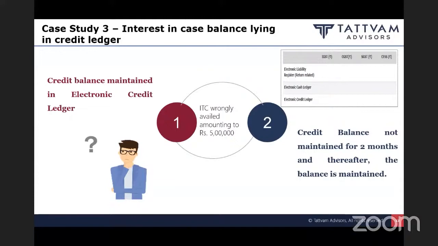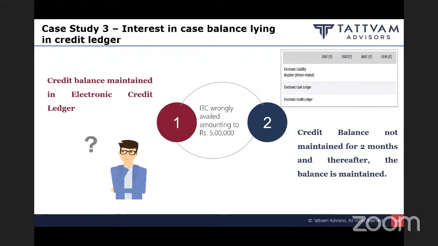But what if my balance goes below 5 lakhs in certain months? Say I took this wrong credit in the month of April 2021, and now I have this 5 lakh rupees of balance which is being maintained, and suddenly in December 2021 my balance dropped from 5 lakhs to 1 lakh rupees.